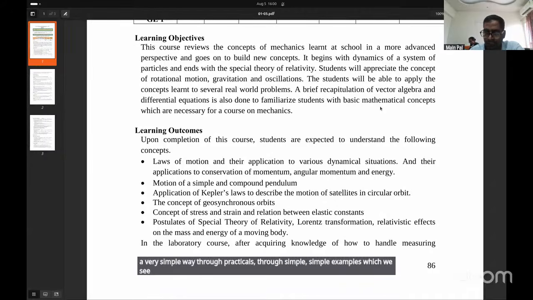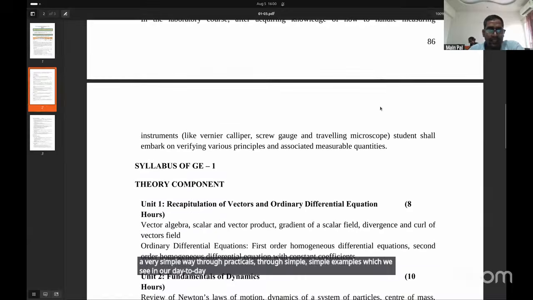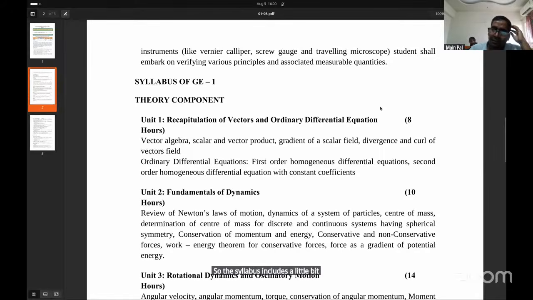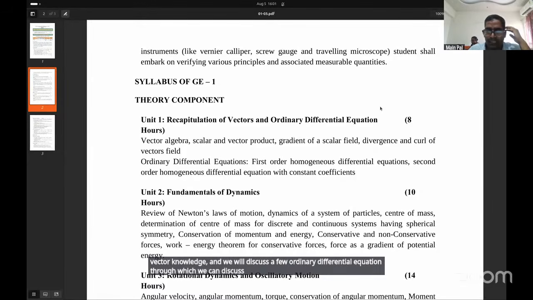through simple examples which we see in our day-to-day life. So the syllabus includes a little bit of vector knowledge, and we will discuss a few ordinary differential equations through which we can discuss practical problems.